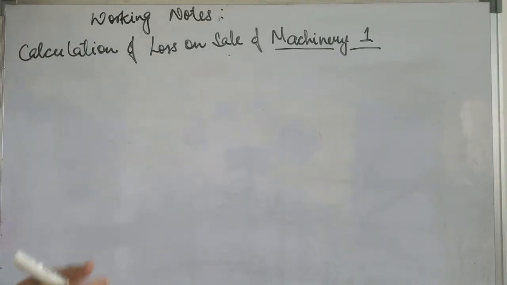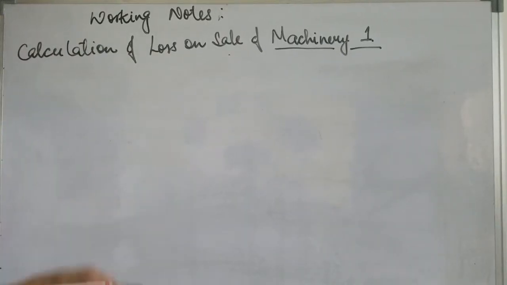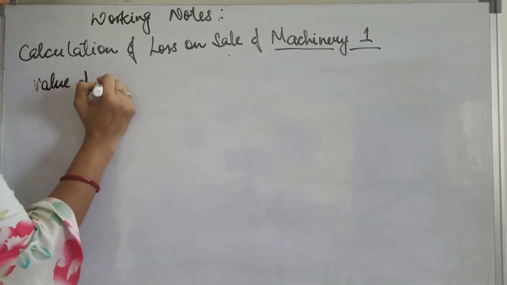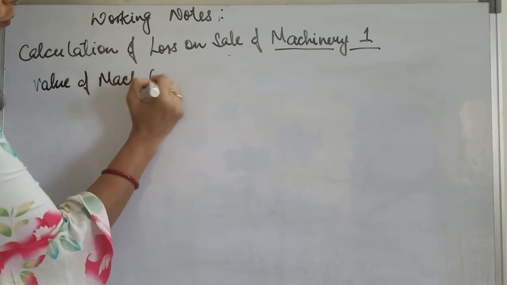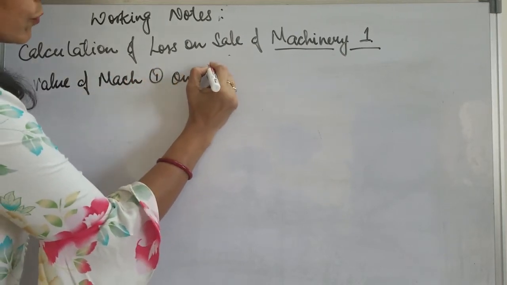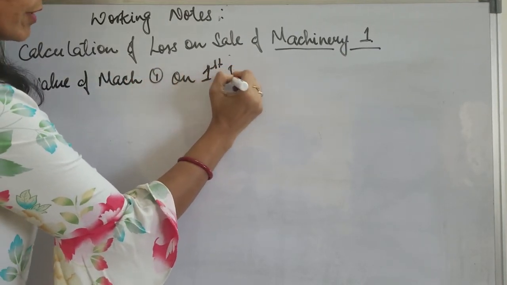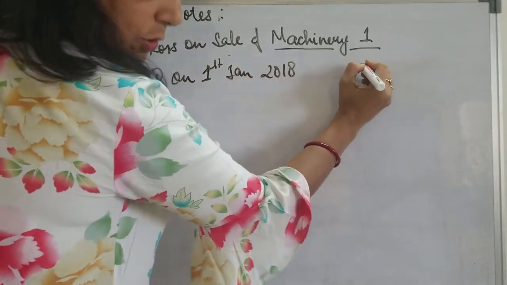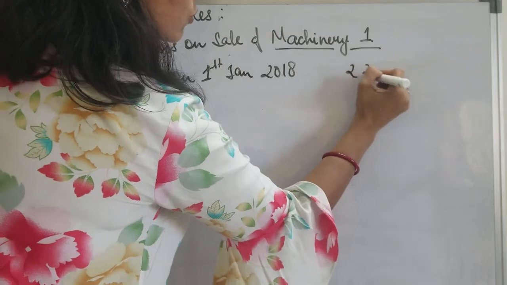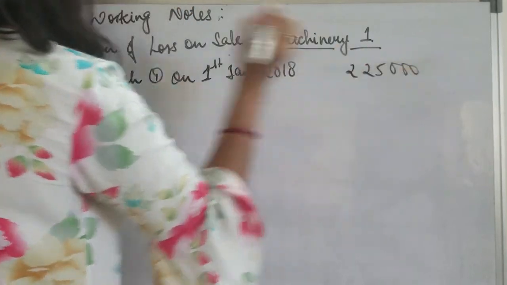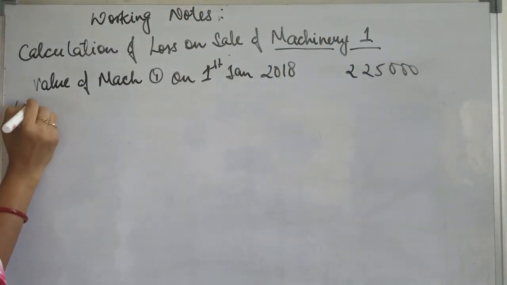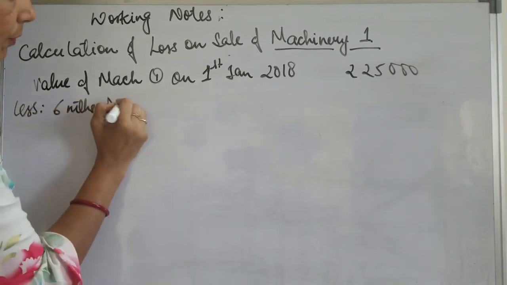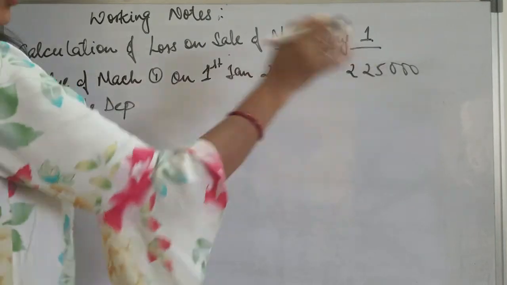Okay, now for calculation of loss on sale of machinery 1, please pay attention here. Value of machinery 1 on 1st January 2018 was rupees 2,25,000, right? Then on this, 6 months depreciation was provided, which will be deducted from this amount.